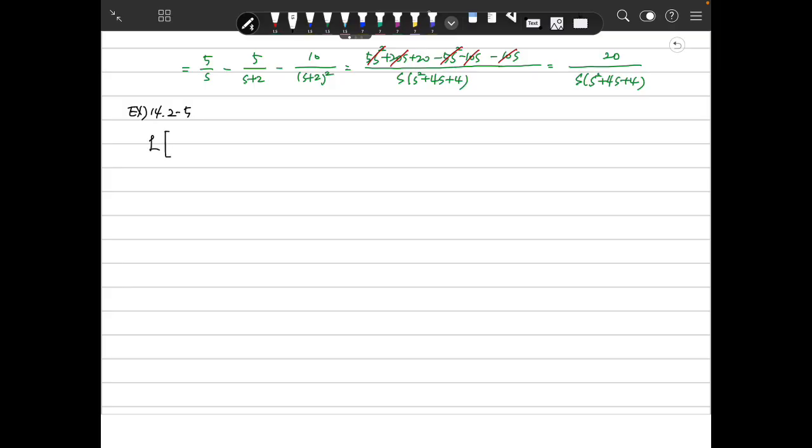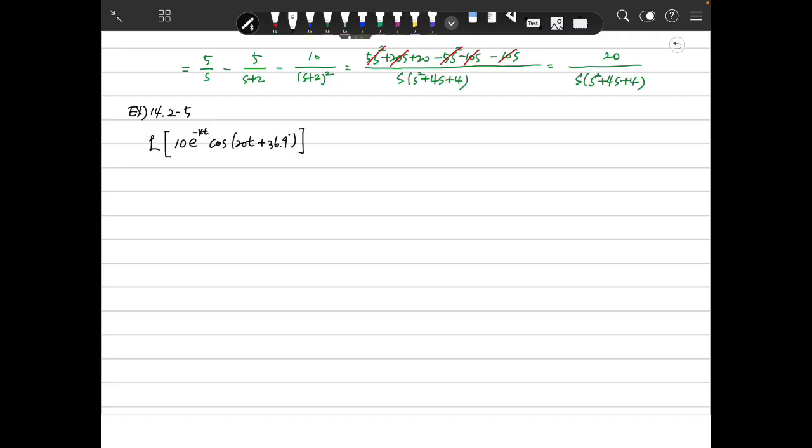The Laplace transform of 10 exponential minus 4t cosine 20t plus 36.9 degree, in this manner.